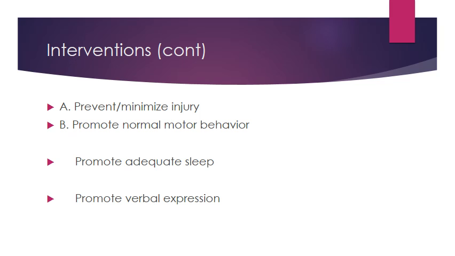We also want to promote adequate sleep. I think you have talked a lot about this last semester, but all those things that you would do to promote adequate sleep, especially with a person who has a cognitive disorder, would be making sure that there is a well-lit room, or at least a room with enough light on that they can make out where their closet is, what the chair is, those sorts of things.